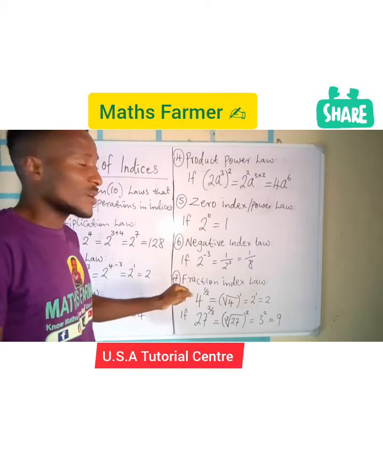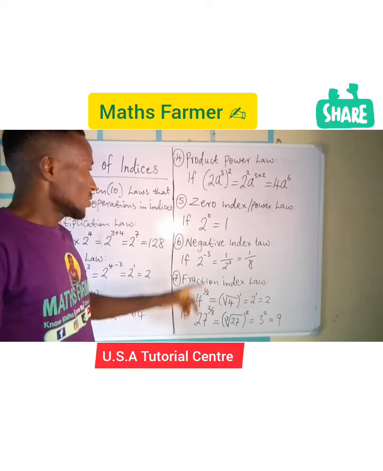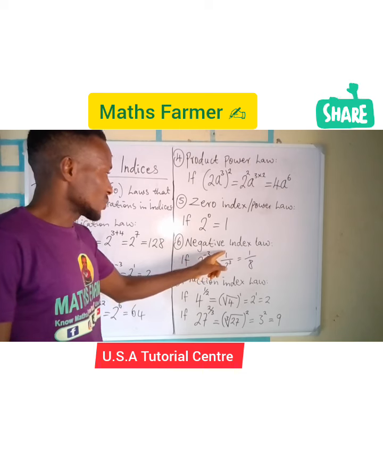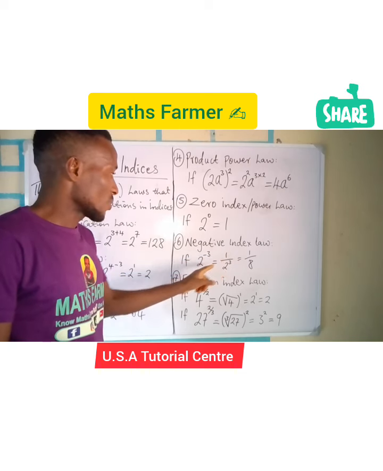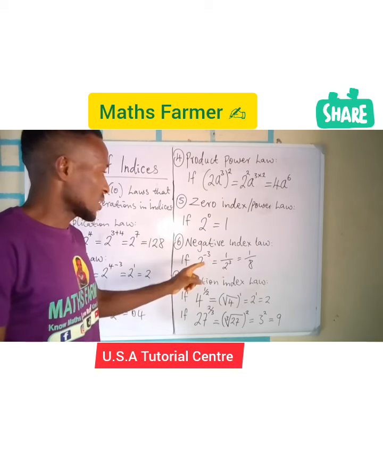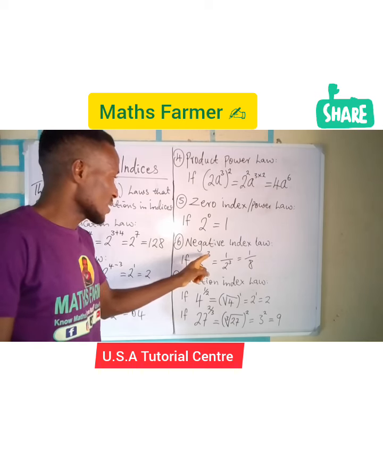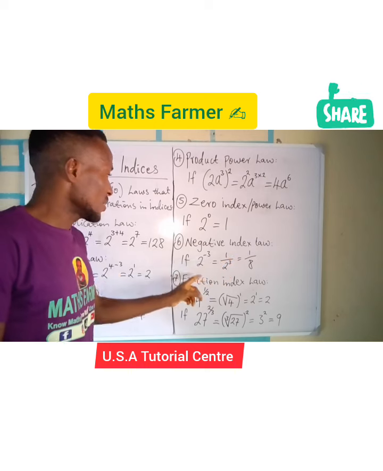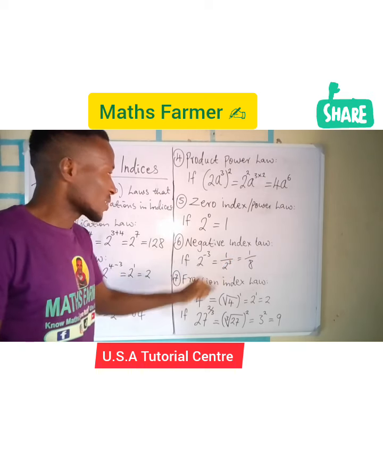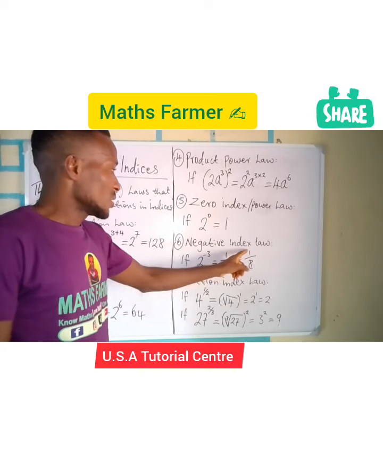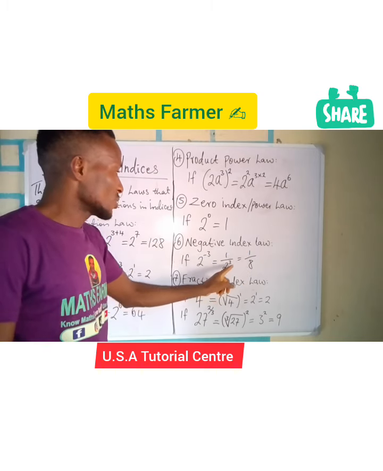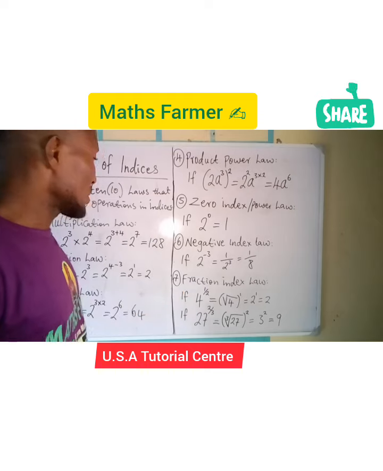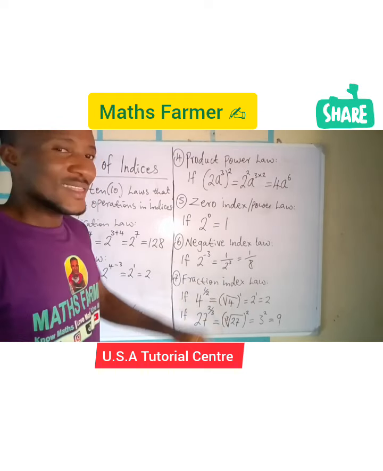What this negative means is 1 all over, divided by 2 raised to the power of 3. Look at the 1 here, divided by 2 raised to the power of 3, which will give us 8. Then the seventh one, the fraction index law.